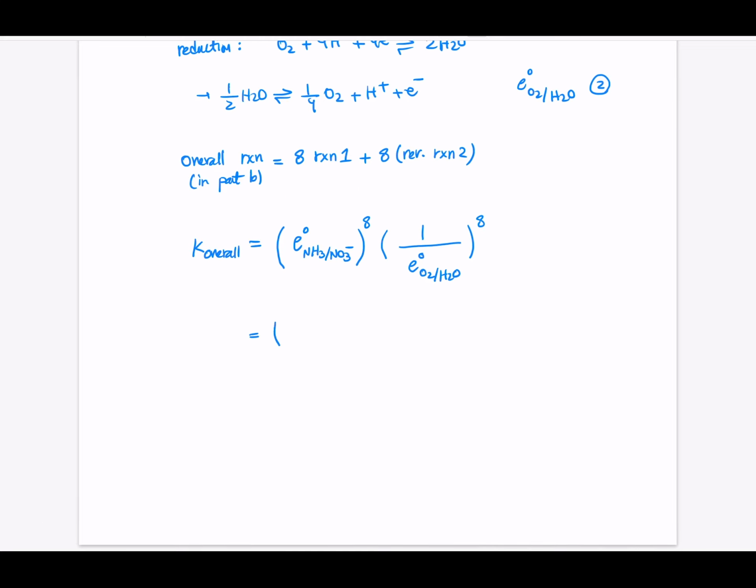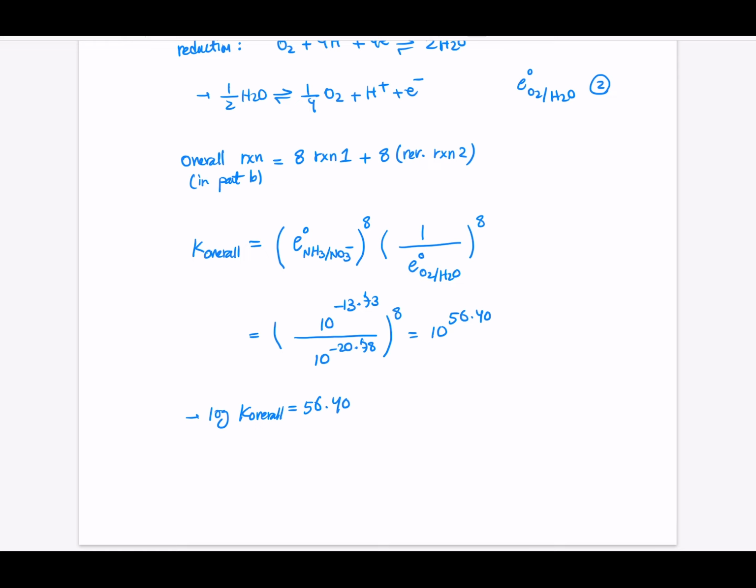And this would be 10 to the minus 13.73 to the minus 20.78, which is 10 to the power of 56.40.